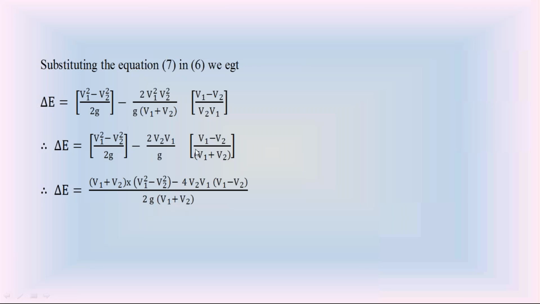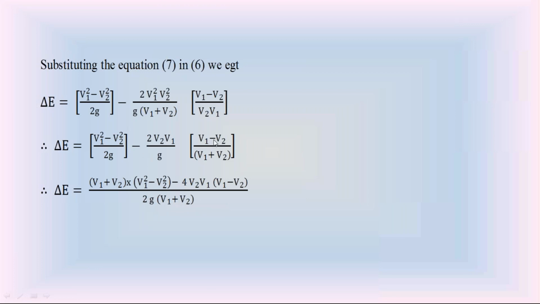Then the numerator becomes v1 plus v2 into v1 square minus v2 square minus, here we have z into v1 plus v2, whereas the LCM is 2z into v1 plus v2. So this 2 is coming to the second term.